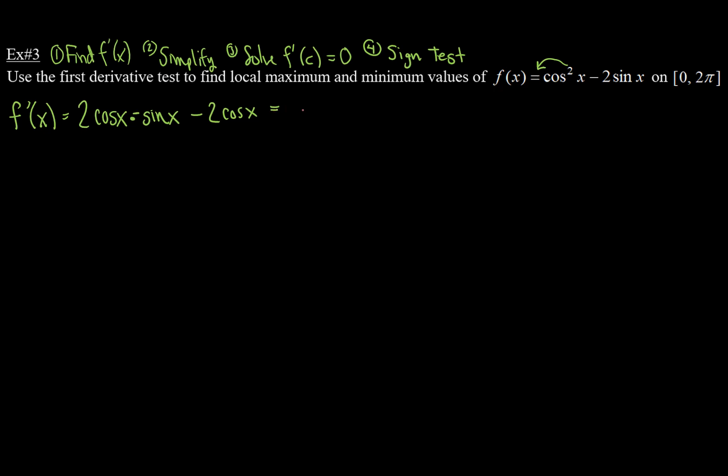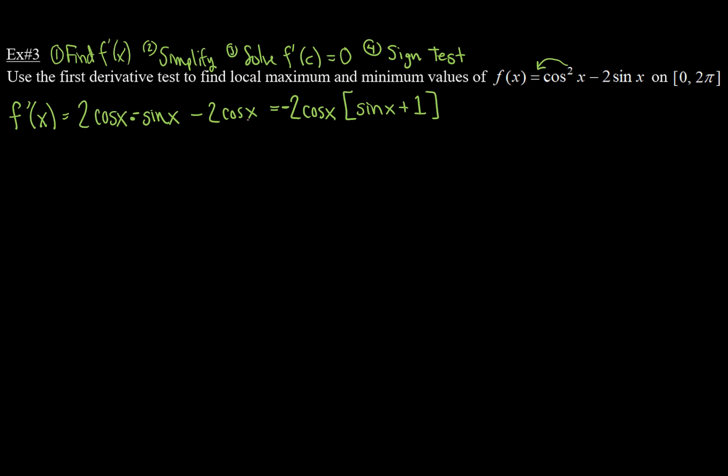So I am going to simplify. I'm going to factor a negative 2 cosine of x out of each one, and I'm going to end up with sine of x plus 1 on the inside.